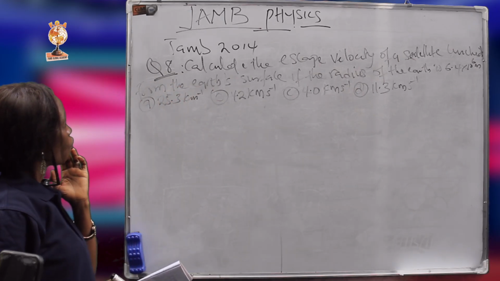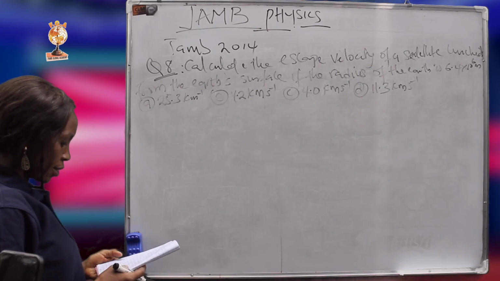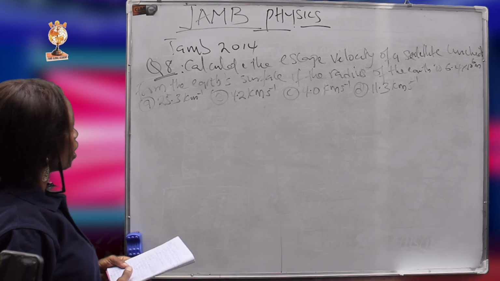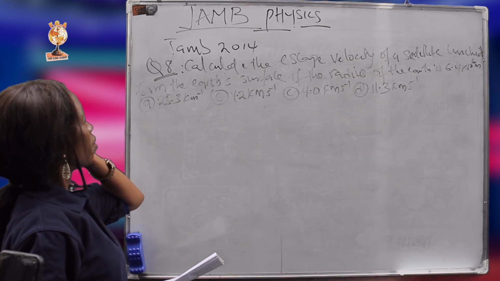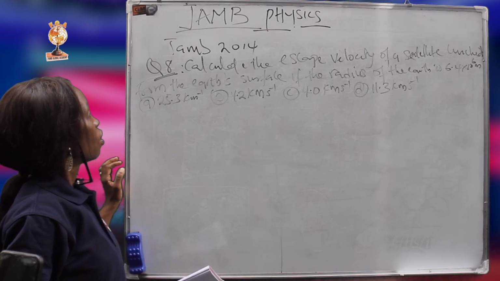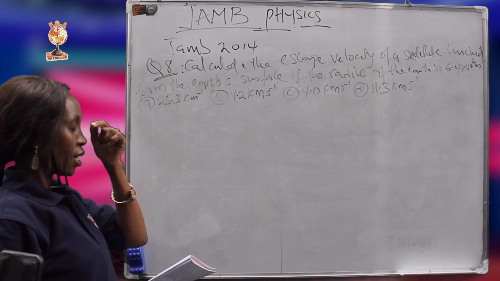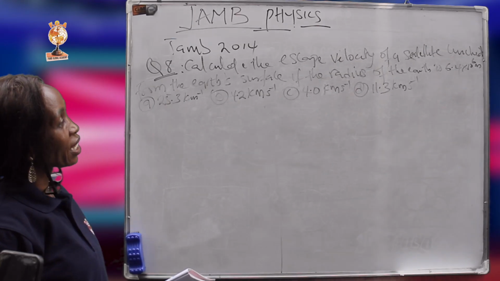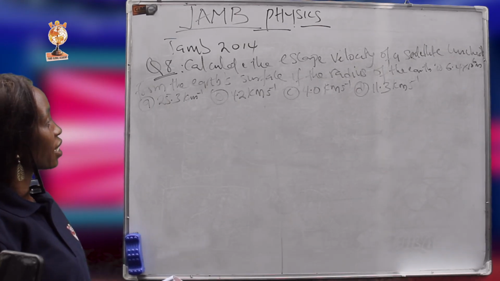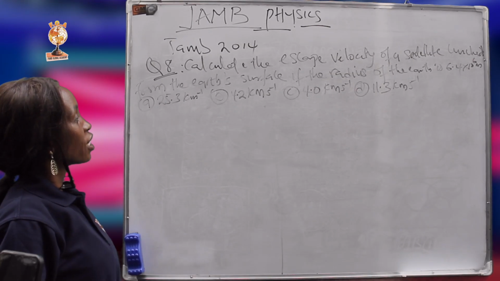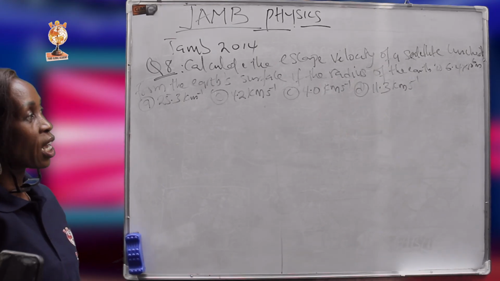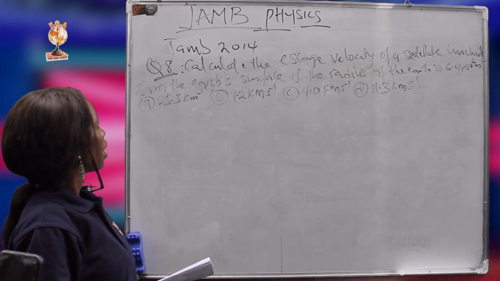Now, question 4. Yes, question 4. 1, 2, 3. Okay, question 3. Now, the same JAMB 2014 was question number 8 in the JAMB past questions. Calculate the escape velocity of a satellite launched from the Earth's surface if the radius of the Earth is 6.4 times 10 to the power 6 meters.